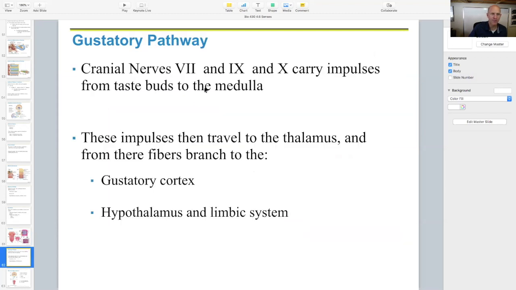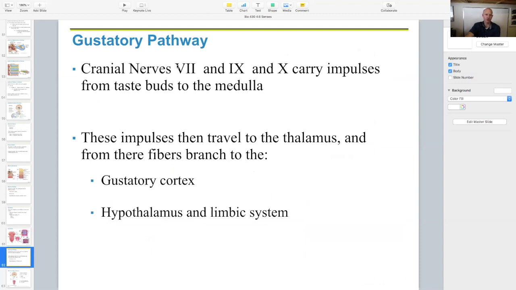All of this information then gets carried by various different nerves. We're dealing with cranial nerves 7, 9, and 10, dealing with different parts of our tongue. Remember, it's not just one nerve that goes to all of our tongue. We have different nerves that go to different parts of our tongue.